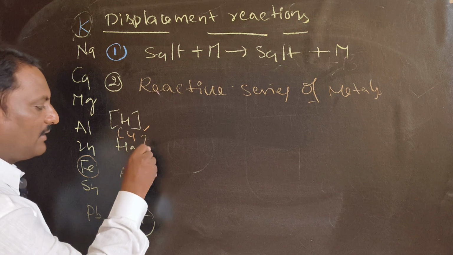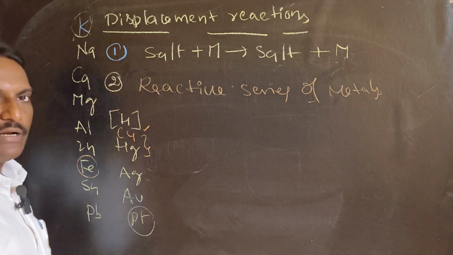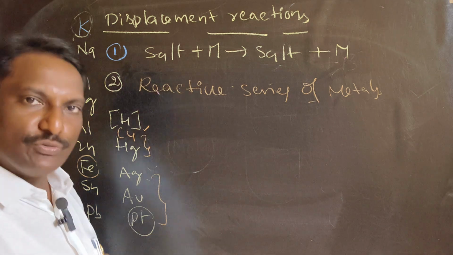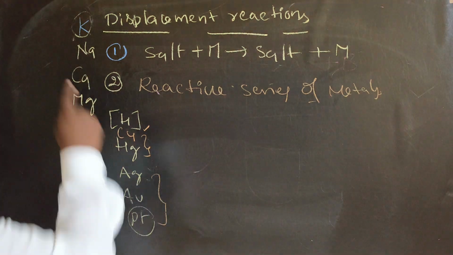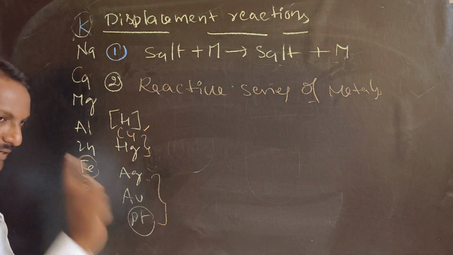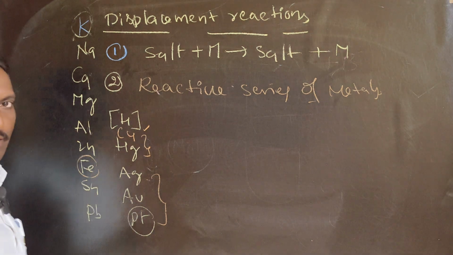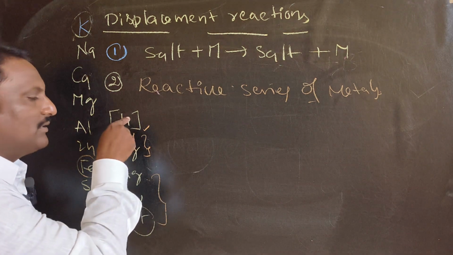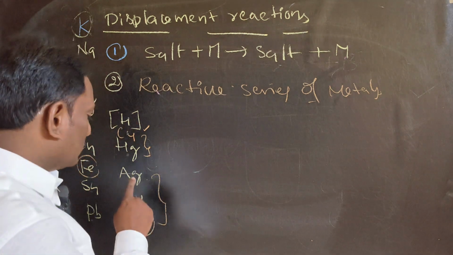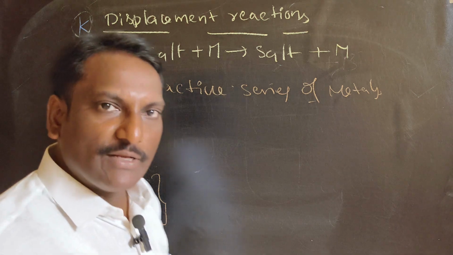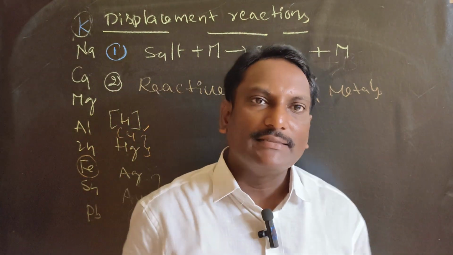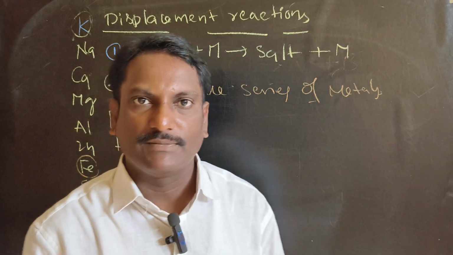Copper and mercury for chemical reactions, silver, gold and platinum for jewelry. Let me repeat. King Nagarjuna, Kamalini Mukherjee, Allu Arjuna are friends. They went to a shop named Tin and Lead to buy hydrogen for fuel, copper and mercury for chemical reactions, silver, gold and platinum for jewelry. With the help of this, you can remember the reactive series of metals.